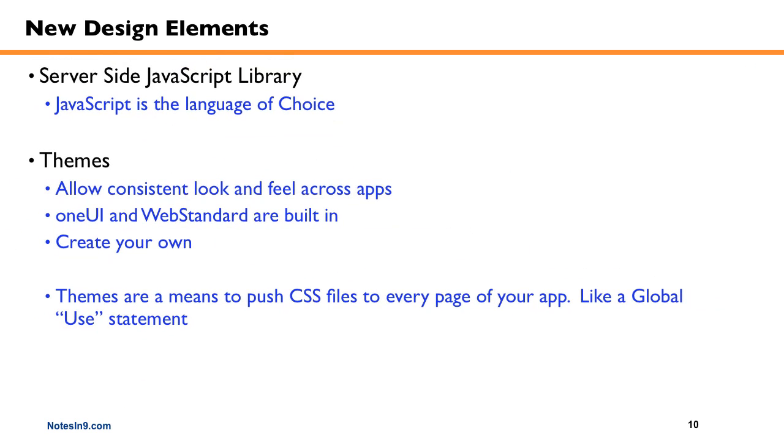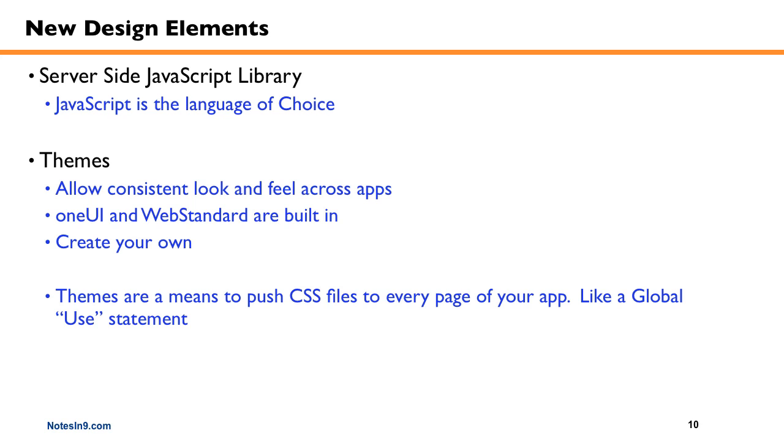Okay, another new design element is the Server-side JavaScript library. JavaScript is the language of choice, but don't panic on that one either. We're going to talk about that in a little bit. It's really not as bad as you might think if you've not used JavaScript. You also get themes. Themes allow things like consistent look and feel. You can create your own.